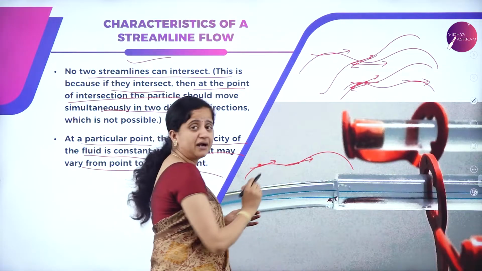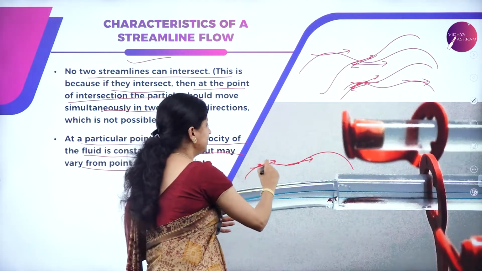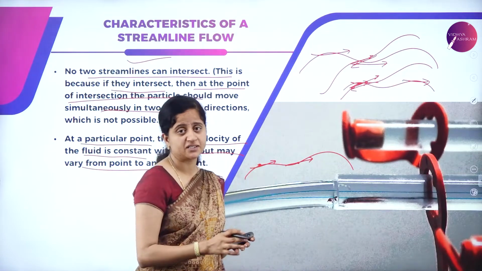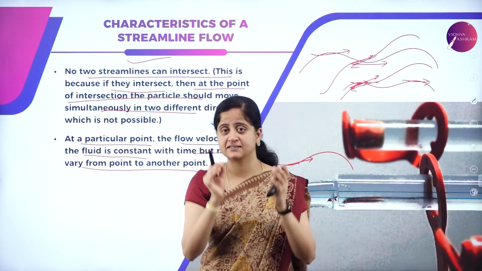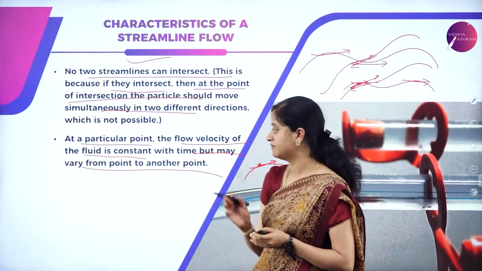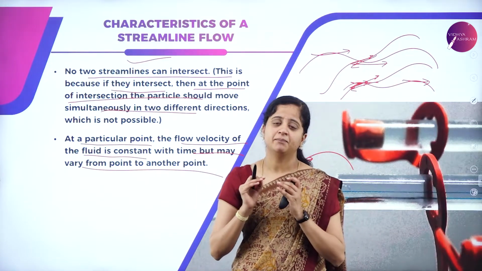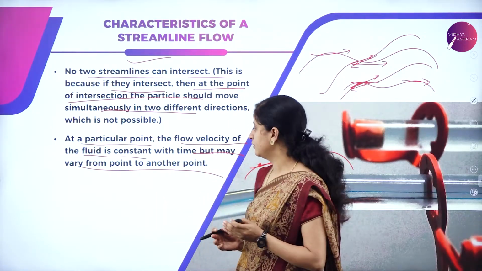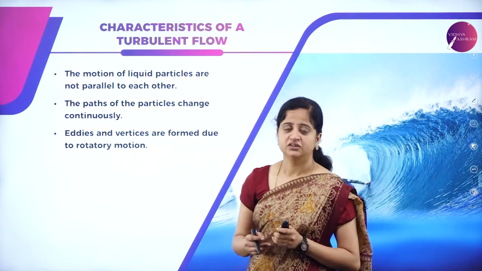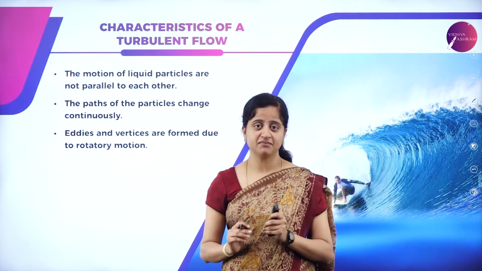So it is not mandatory that the fluid velocity must be equal at all the points. Only at a particular point will all the particles feel the same, constant velocity with respect to time. But from one point to another, the velocity of the fluid particle may vary. So these are the characteristics of streamline flow.